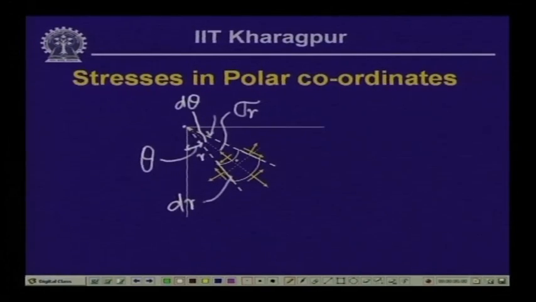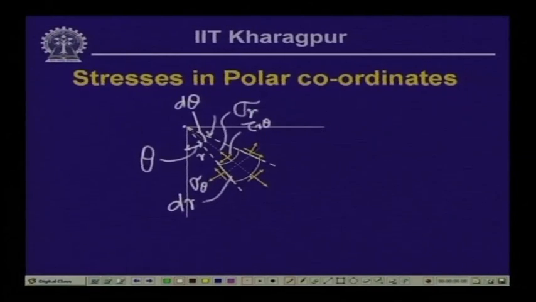Hence, the stresses which are acting: sigma r is the normal stress, the tangential stress is tau r theta, and the circumferential normal stress is sigma theta.